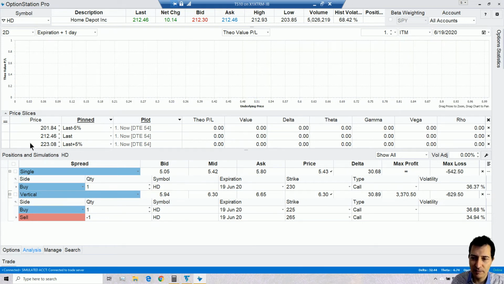To set a stop, let's say 212. I'm just going to run numbers to make it easy. Let's say 212 is my entry, and let's say 208 is my stop.